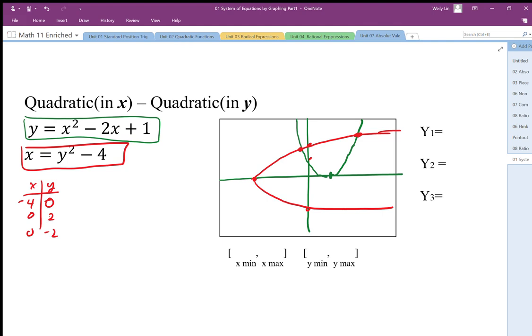So my solutions for this graph, and I'm using technology to do this.